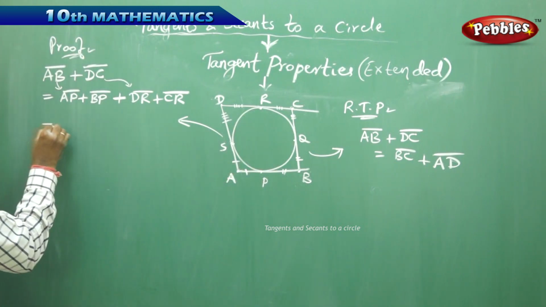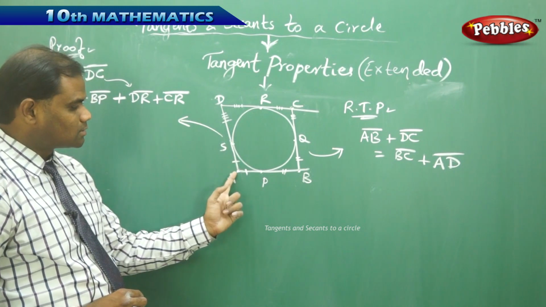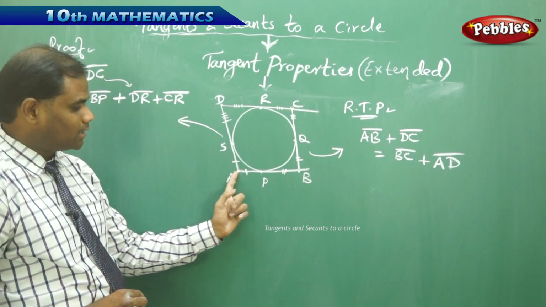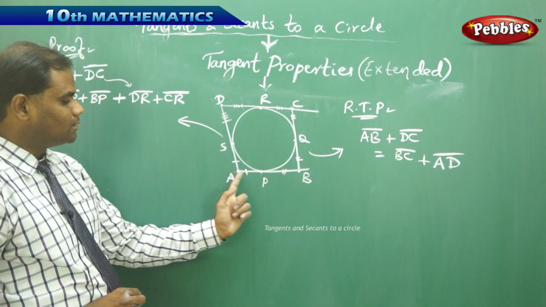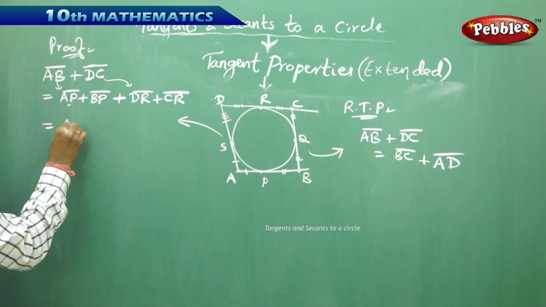Now here, AP is clearly equal to AS because the lengths of tangents from an external point A are equal. Therefore, in place of AP, I write AS.